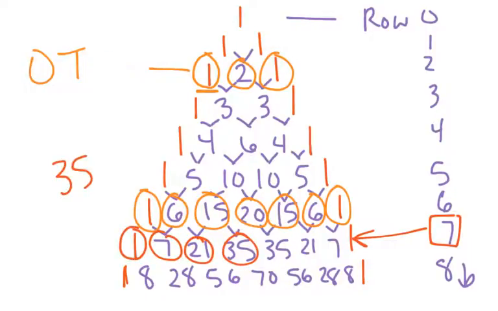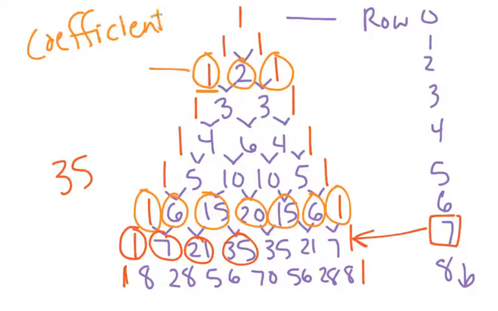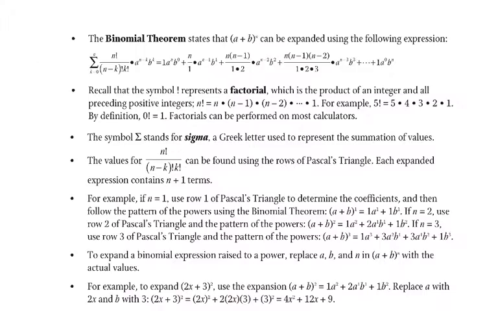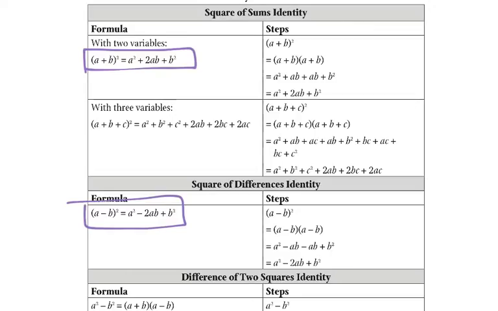These numbers tell us coefficients, and a good one to use is the first pattern that we've already dealt with. What are the coefficients of these terms? For a squared, the coefficient is 1.